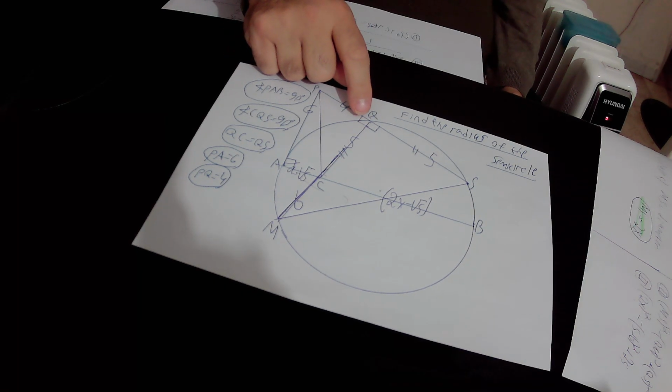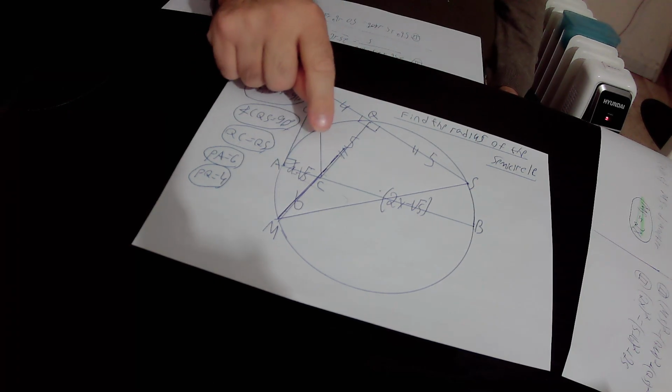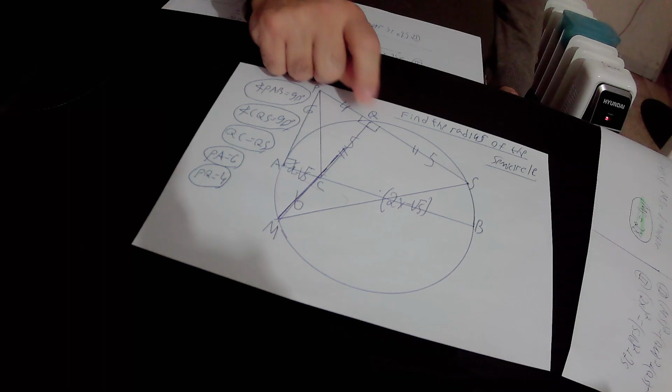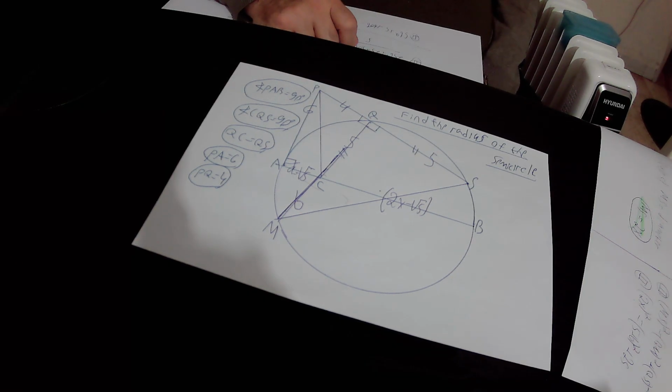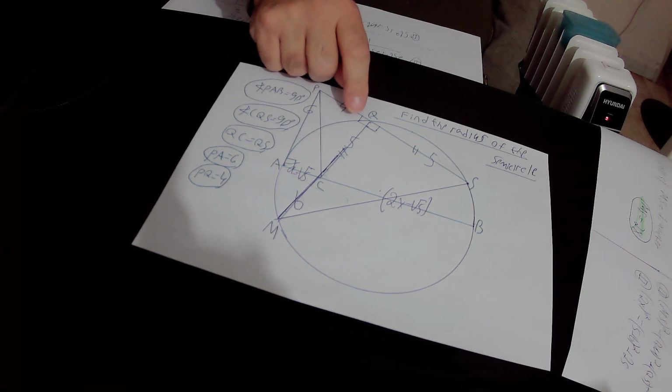Okay? Angle SQM still must be equal to 90 degrees. So here we have peripheral angle SQM that is equal to 90 degrees.